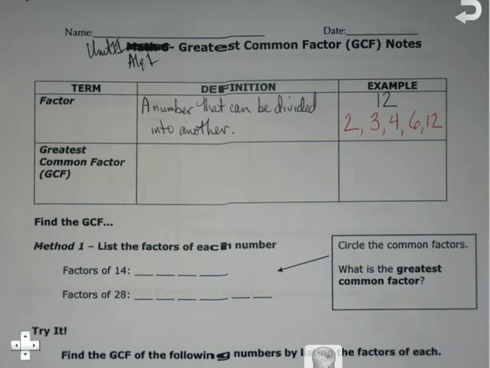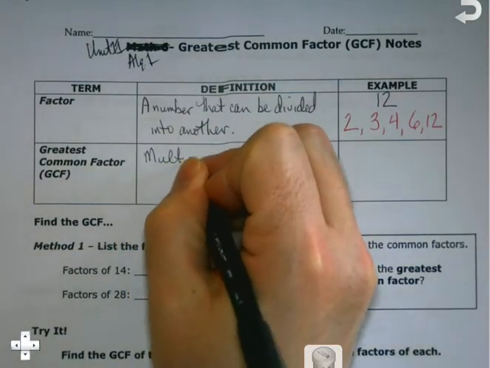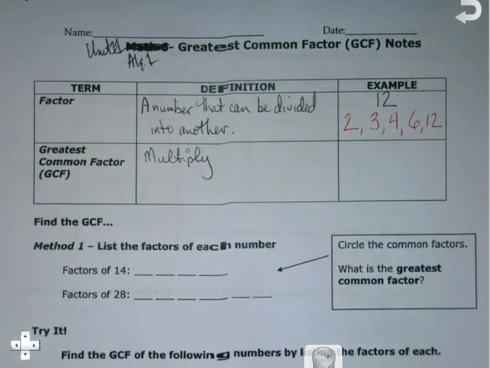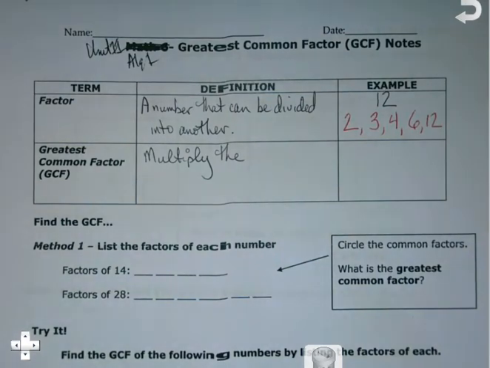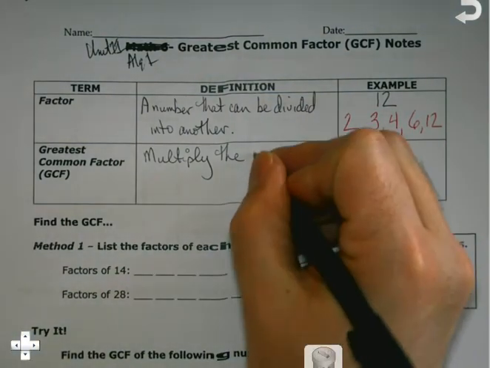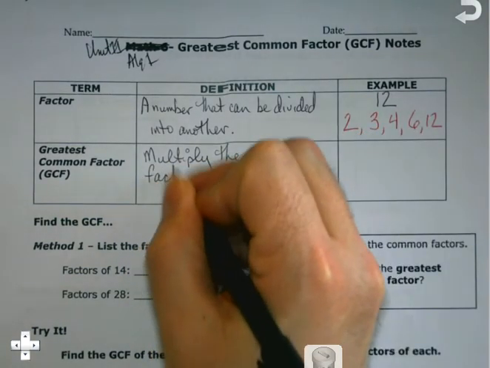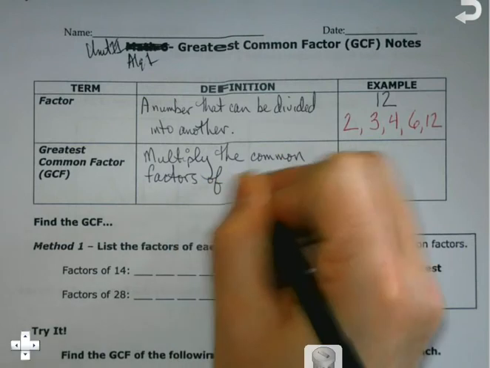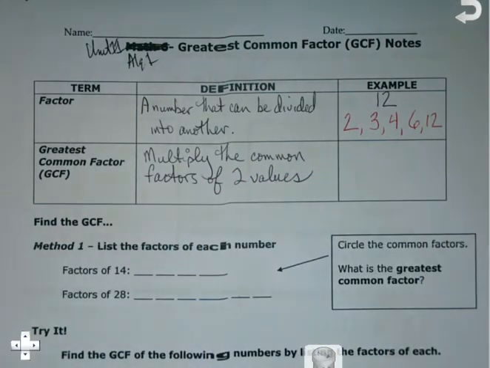How we use those to build the greatest common factor is what happens when we multiply the common factors of 2 values. And we're going to actually get to the example here. We're going to use our example down below to do this.